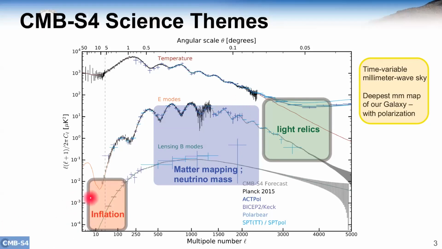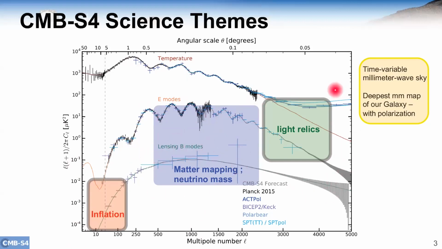So on the very large angular scales, the low multipoles, we can go after the earliest parts of the universe, the inflation signals. In the middle parts, we are seeing the matter mapping, basically the gravitational lensing that's going on, and effects of things like neutrino mass.